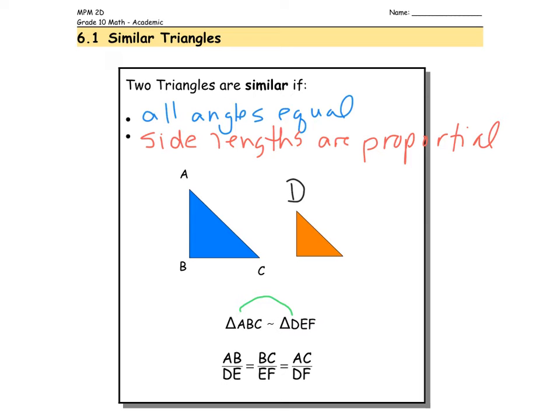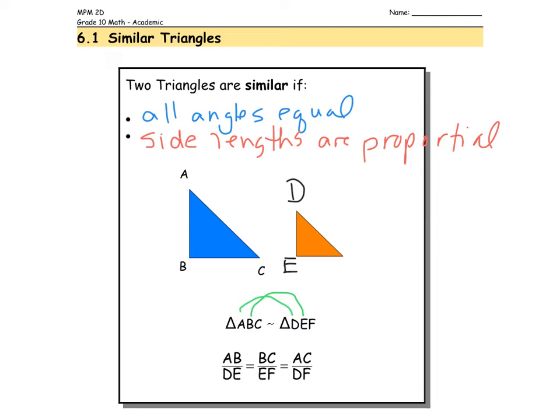If I'm going A, B, C, then I know that this corner right here is going to be the same size as corner B in my blue triangle. So let's relate those as well. Angle B is going to be the same size as angle E in my orange triangle, and so on and so forth.